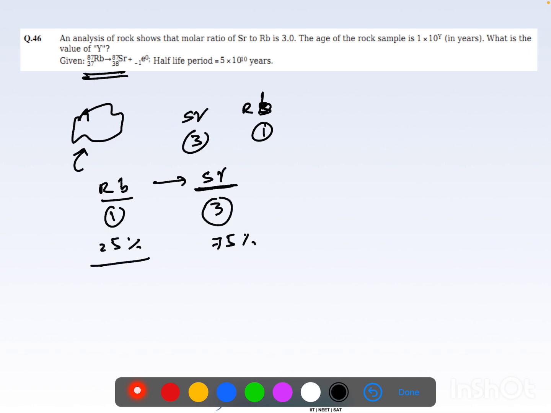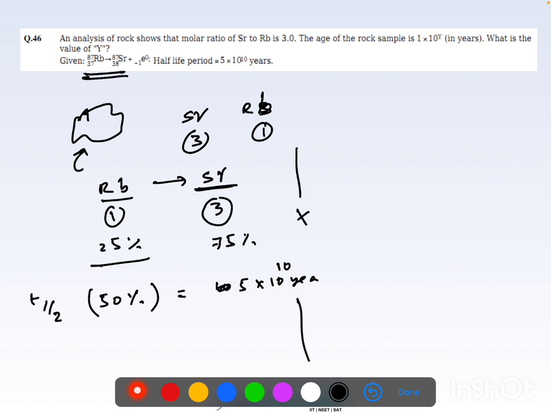For 50% conversion, the half-life is given as 5 into 10 to the power 10 years. For converting from 100 to 25%, what will be the time? 100 to 50 is one half-life, and 50 to 25 is another half-life.